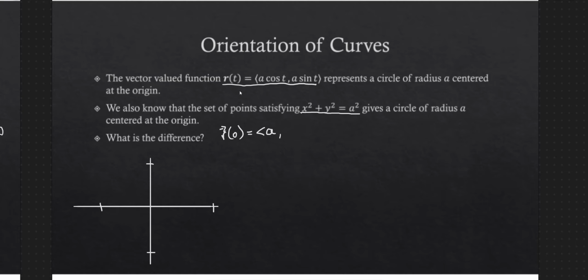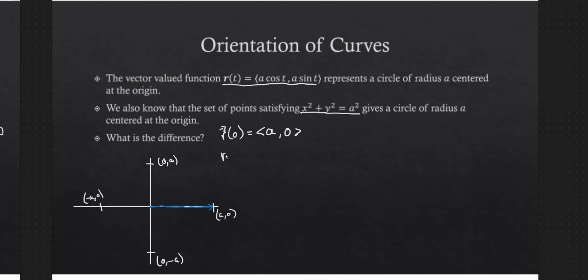So this t value is in radians. And then sine of 0 is 0, so I just get 0 here. So I get the vector (a, 0). I'll draw that here. This point is (0, 0). I want (0, a) here. I want (-a, 0) here. I want (0, -a) here.